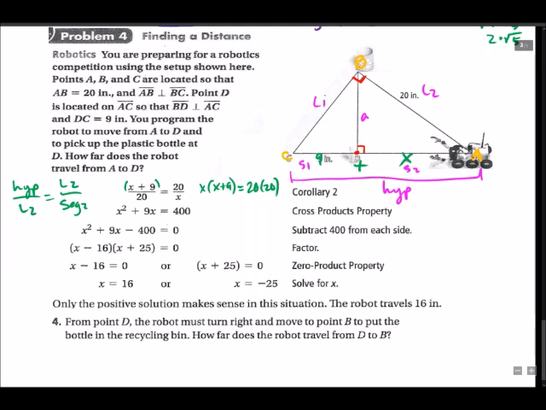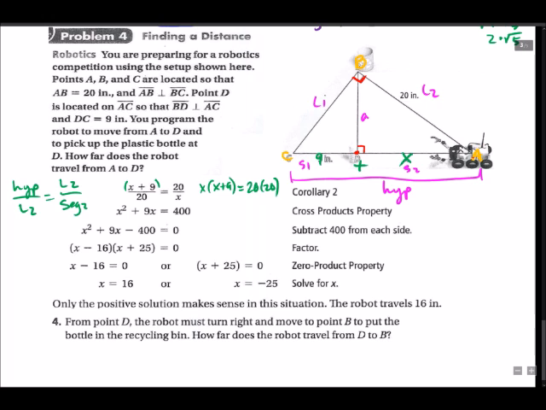Now, how do we deal with an x squared? Y'all remember how to factor? Hopefully in algebra, you learned how to factor. We need to put this in standard form, which means it has to equal 0. So we subtract 400 from each side.